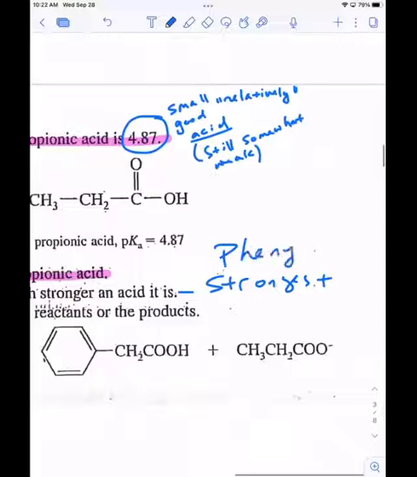There's a reason for that, and we're going to explain it as we go. But there's a reason for why phenylacetic acid is stronger than propionic acid. I'm actually going to go ahead and explain it up front, and then when we get to other examples, we'll look at the factors that affect pKa.